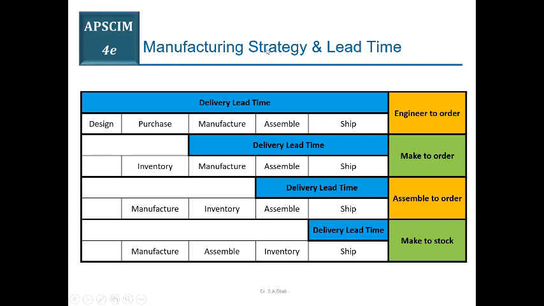The type of manufacturing strategy that is adopted by the company, and the lead time. So जो customer delivery time है, technically it is known as customer lead time. And lead time is simply the time in between the customer order and delivery of the product to the customer.